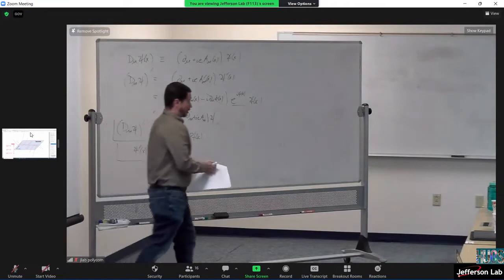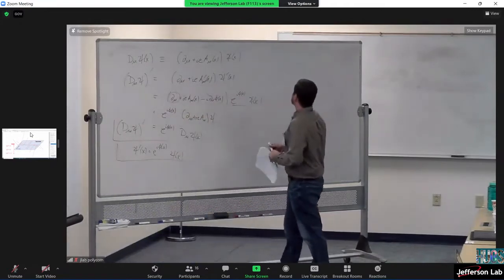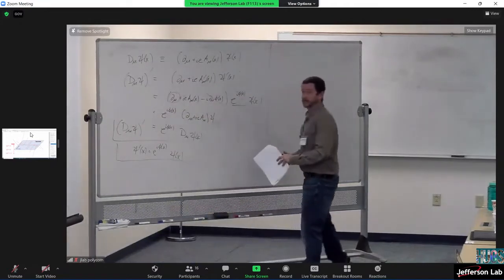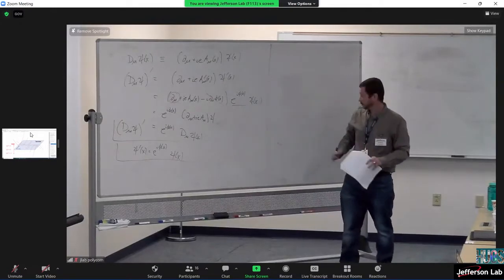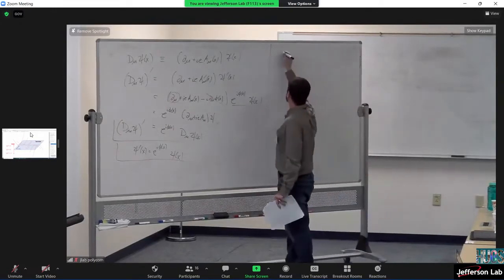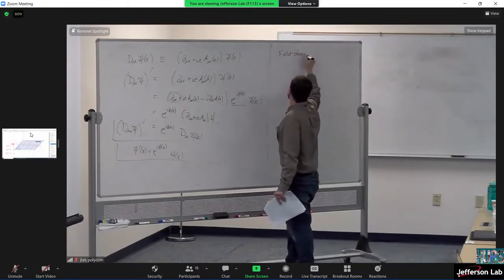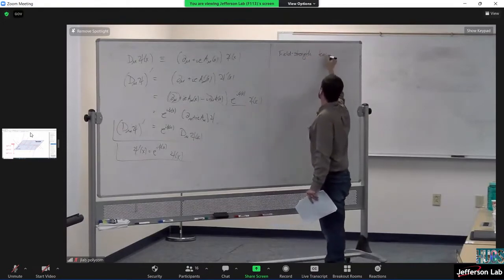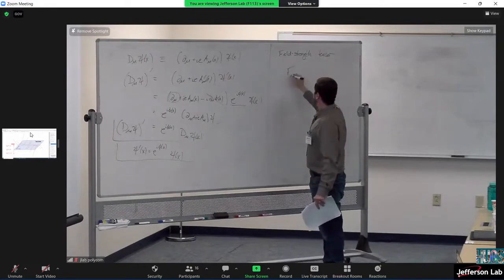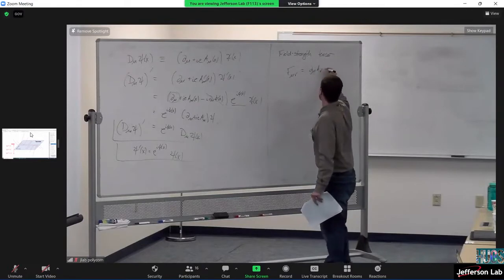Okay. So the last piece that we need to complete the QED Lagrangian is the free kinetic term. And that requires defining the field strength tensor. This is F mu nu, which is just a generalized version of the curl.